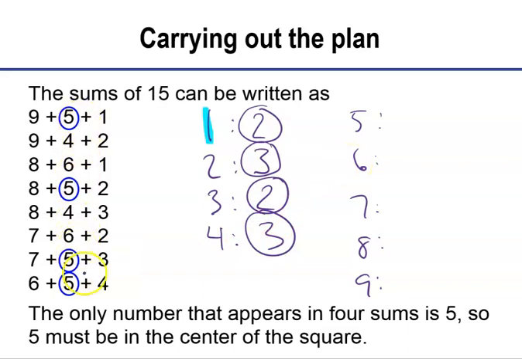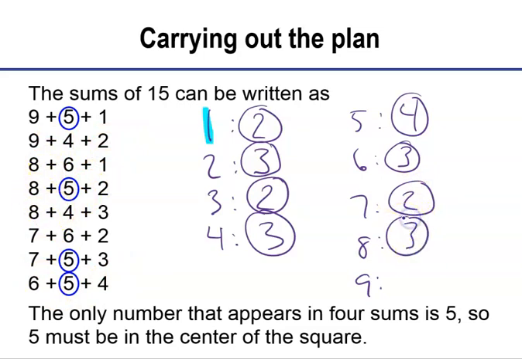It showed up 1, 2, 3, 4 times. 6. There's 1 6, 2 6. Hey, there's 3 6s. 7 twice. 8. 1, 2, 3. 9. 1, 2, 2. All right, so how did this help?